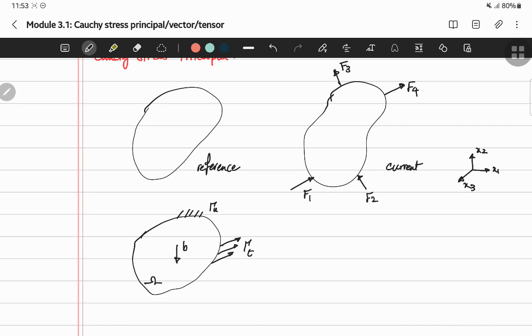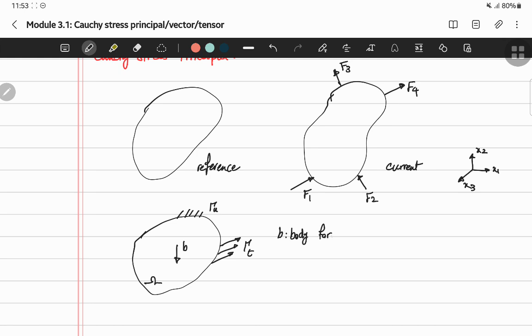We call this gravity, right? So this B actually represents the body forces. They are applied to the whole structure, the whole pen or pencil, so the whole volume. Therefore, we call them volume forces or simply body forces.